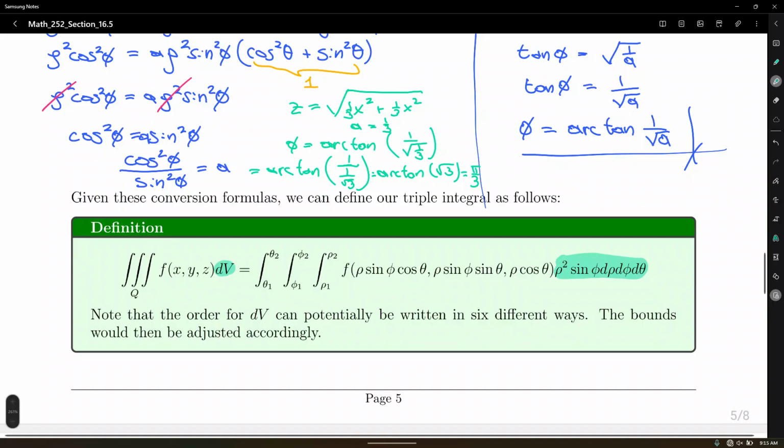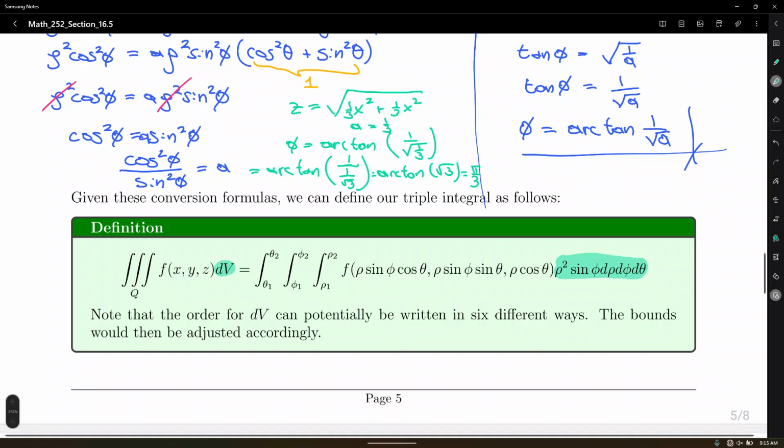Now, this triple integral may or may not represent the volume, as we did back in cylindrical, for instance. If f of x, y, z is just a 1, that triple integral is for volume. Otherwise, if it's something else, it will represent something else.